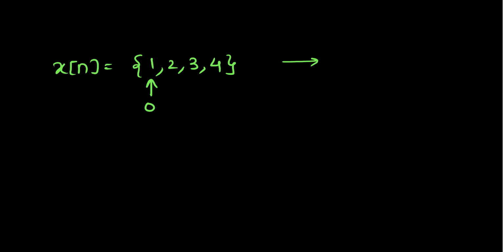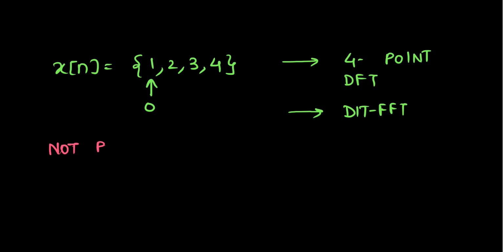So in this case we need to find the 4 point DFT, and we would be using the algorithm DIT FFT, and we know that for DIT FFT we need to go for bit reversal at the initial stage, but we are not performing bit reversal initially.